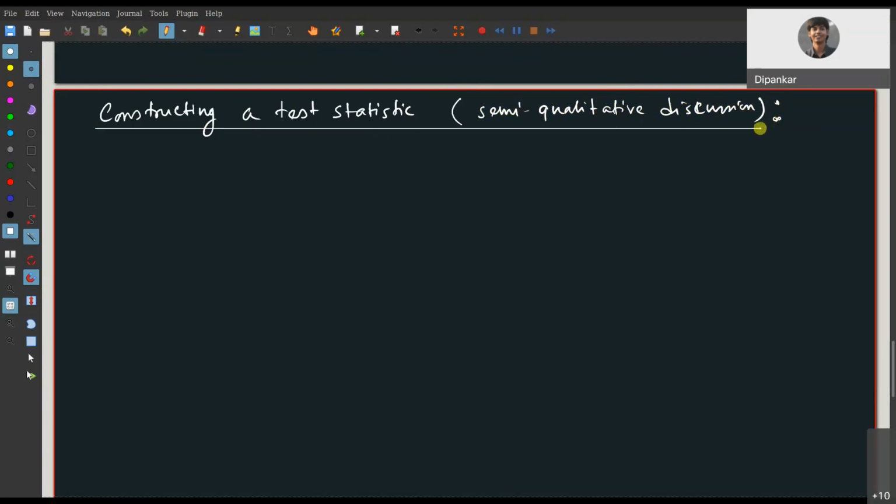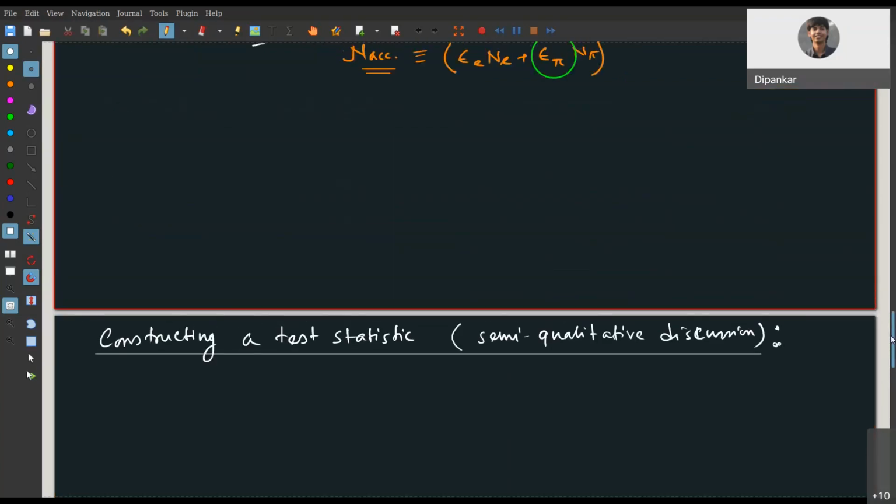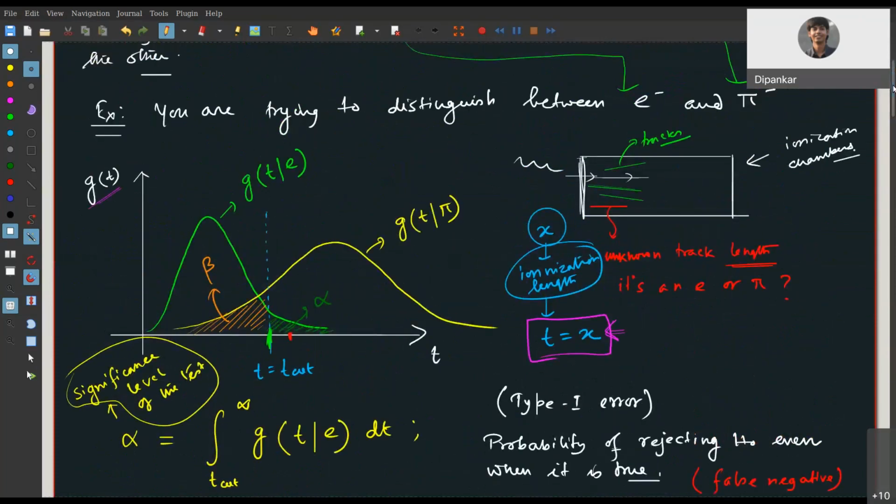So what do I mean by that? Remember, in the previous example, which was one of the simplest examples of data sampling, we are measuring only one quantity x, and we are looking at the distribution in terms of this x or a function of x.